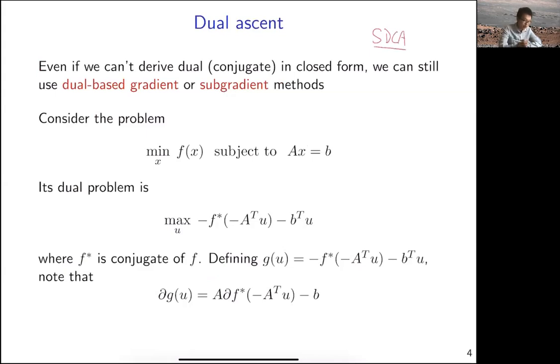So for concreteness, let's consider this equality constrained convex optimization problem where we just want to minimize an objective function subject to a constraint. In this case, we can write down the dual problem as follows. This involves lifting this Ax equal to b and writing it in Lagrangian form, and then minimizing the Lagrangian over x, and expressing everything as a function of the dual variable.